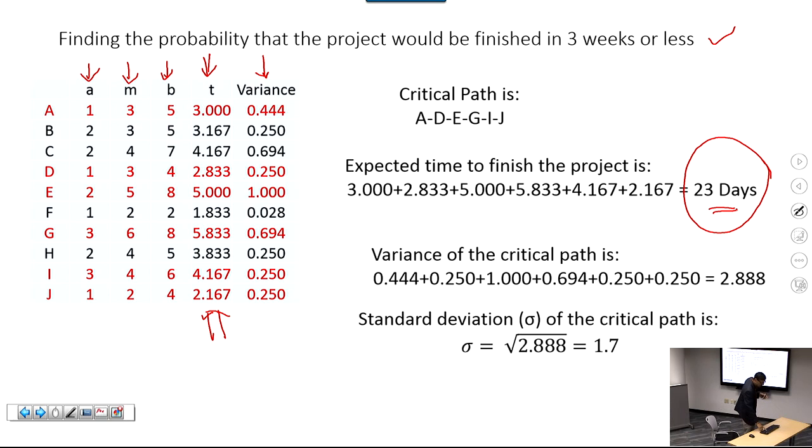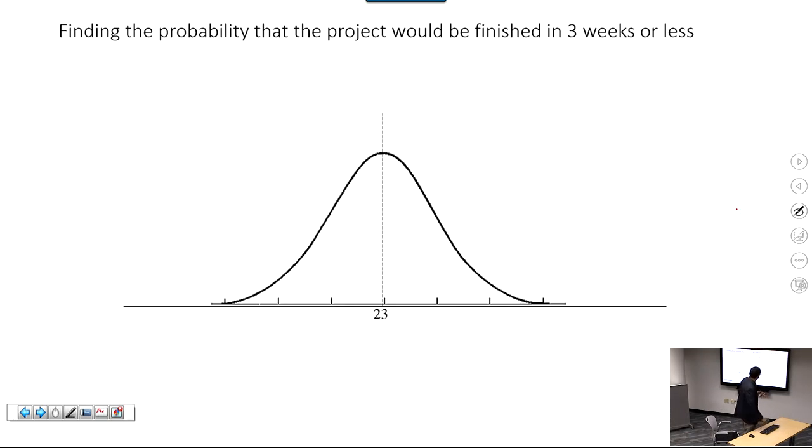But this time estimate of 23 days is distributed by a bell curve. Okay, so then here's the bell curve. The expected completion time for the project is 23, but the project might be finished sooner, or the project might take longer, all right? And what we want to do is find the probability that this would actually be finished in 3 weeks or less.